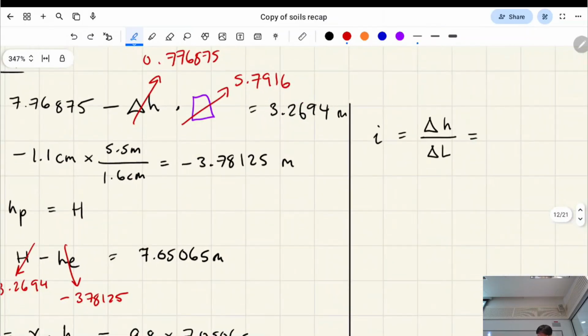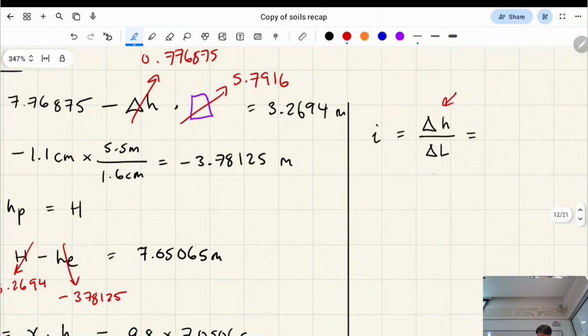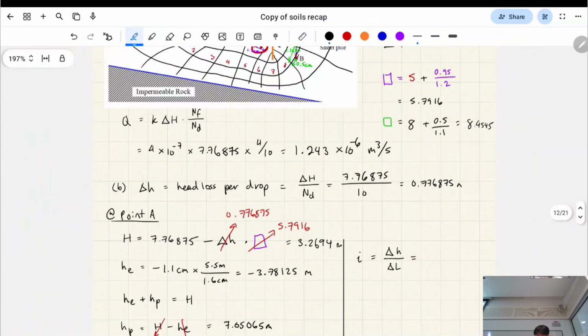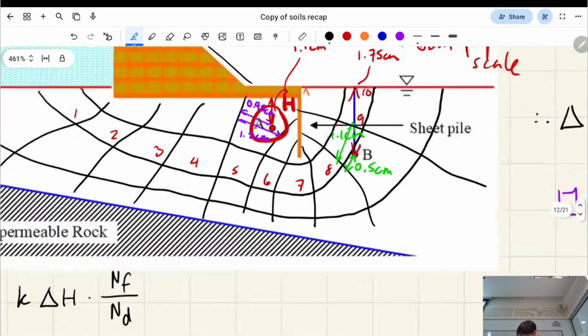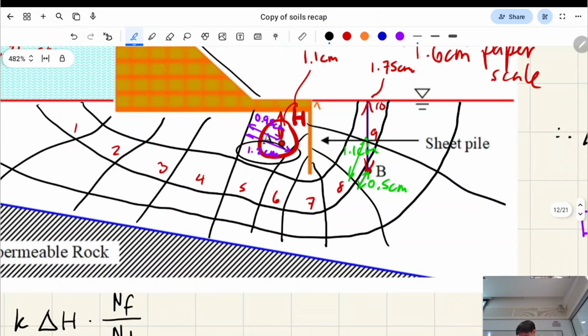i is basically a change in energy over that distance, right? So we're not thinking of it as two physical dimensions relative to each other. We're thinking about energy loss over that distance, right? But as you can imagine, we need to measure the distance of that square, which we've already measured. So it's 1.2 centimeters, right?